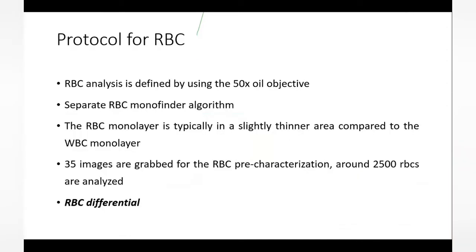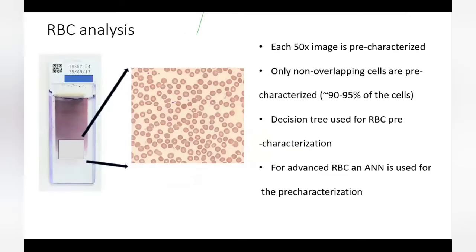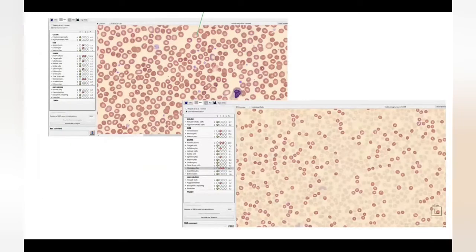A very similar protocol is employed for RBCs as well, where the scanner tries to identify a certain area of the monolayer. It captures images, characterizes them, studies the RBCs, and tries to bucketize them into different types depending on shapes and sizes. Ultimately you can see the WSI, which means you can see the entire image.